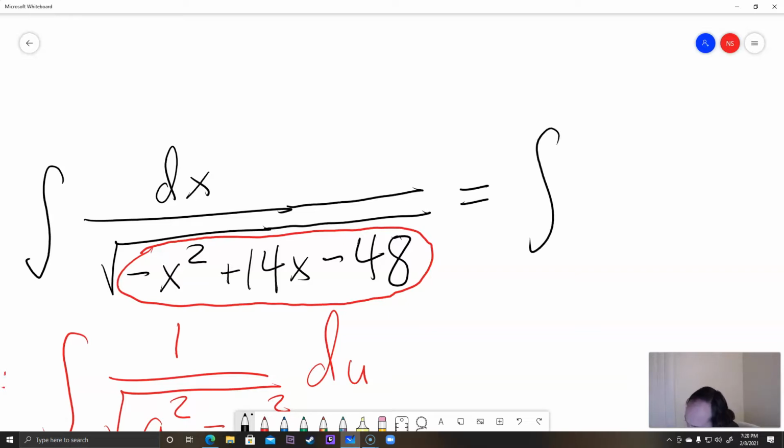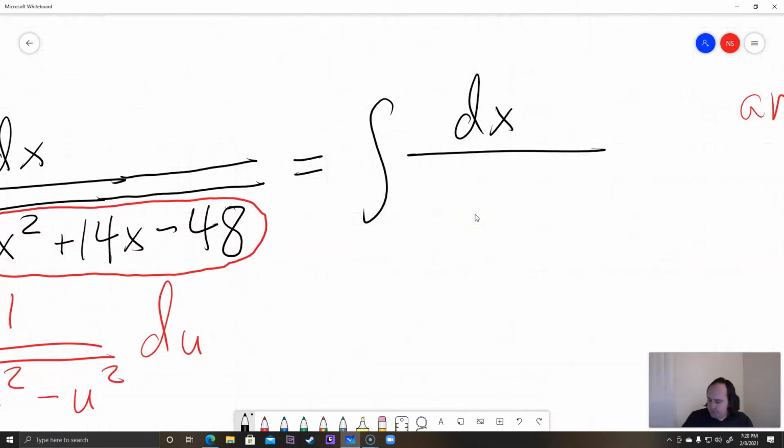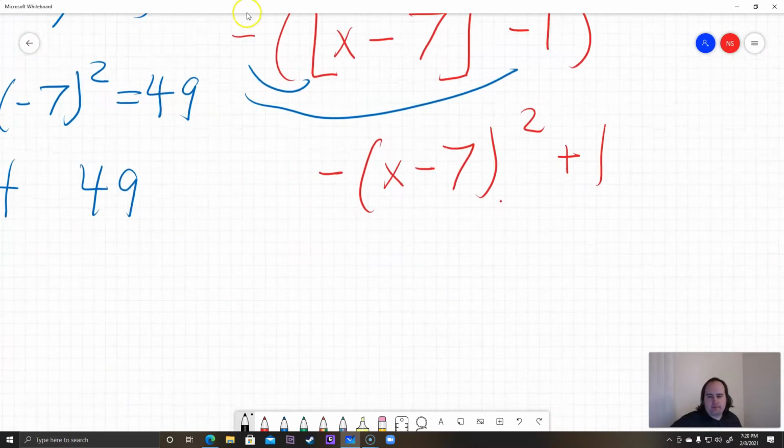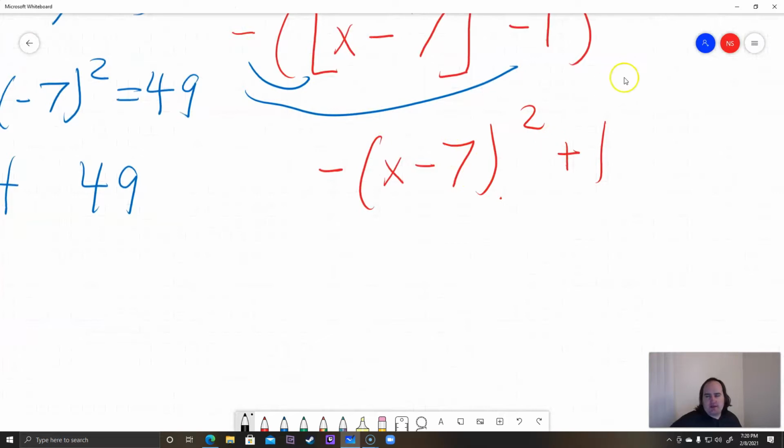Okay, so we have the integral of dx over the square root of negative quantity x minus 7 quantity squared plus 1.